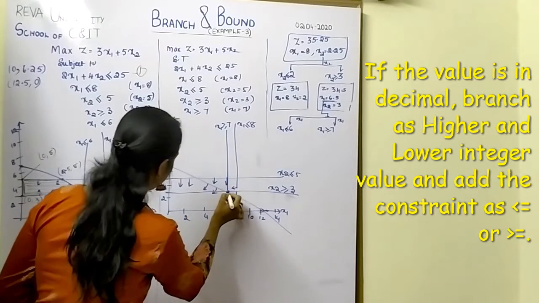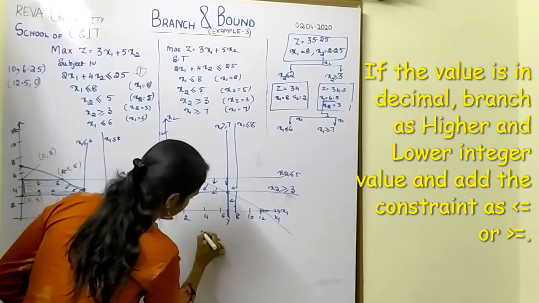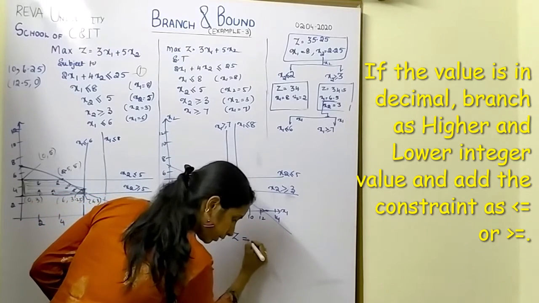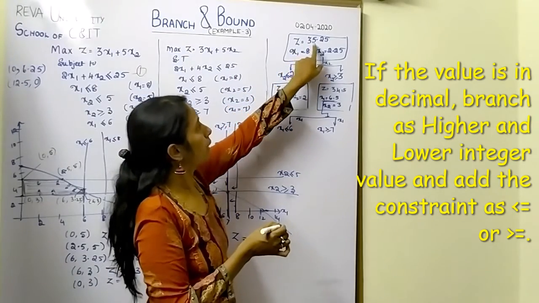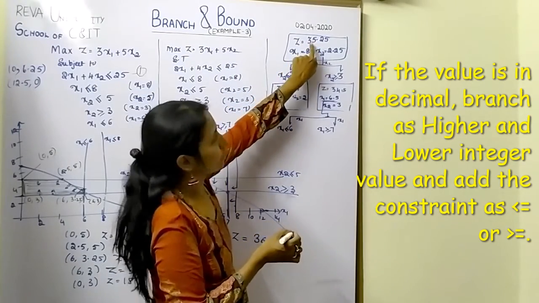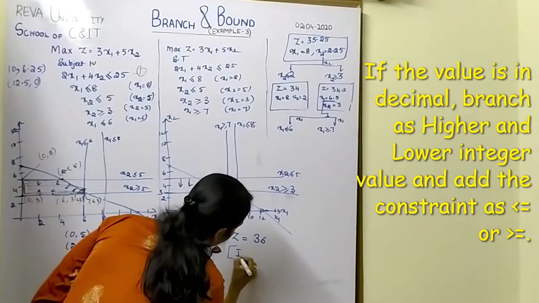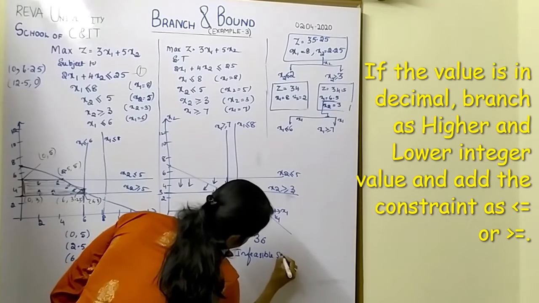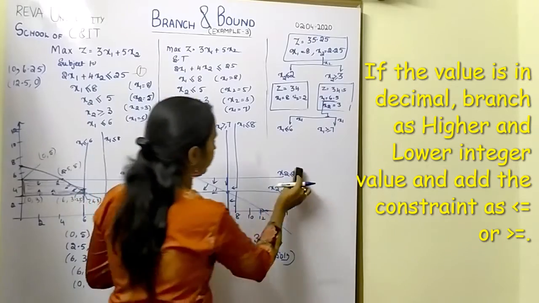This is 7, this is 3. So for (7, 3), z value we will get 36. If you compare it with our main value of z, this is beyond that. So this leads to an infeasible solution. Now how can I write here?